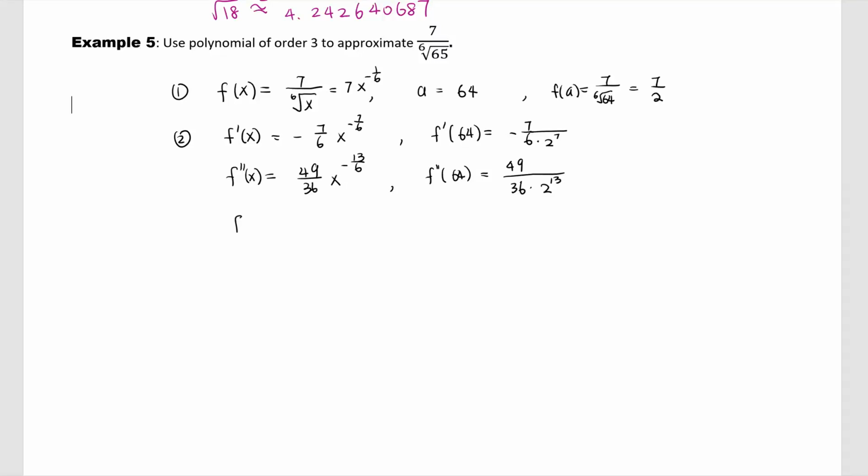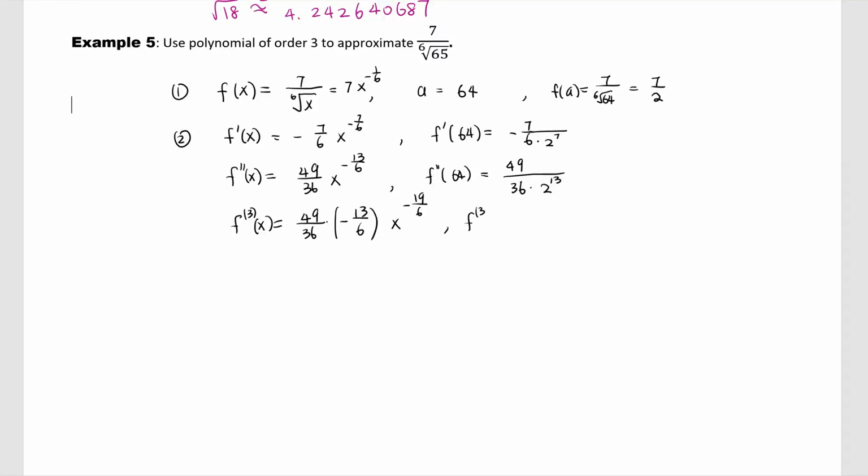Okay, and then the third derivative. We multiply by negative 13 over 6. Then we have x to the negative 19 over 6.